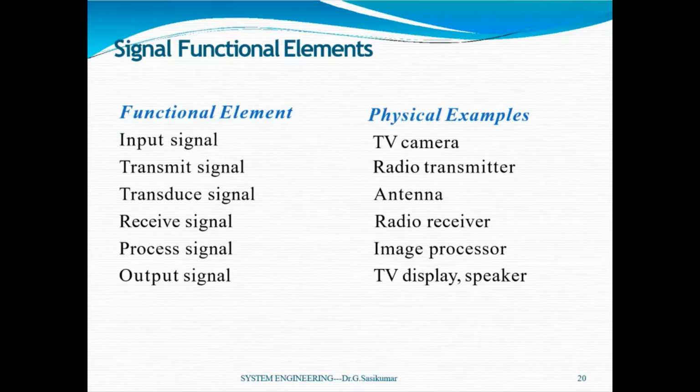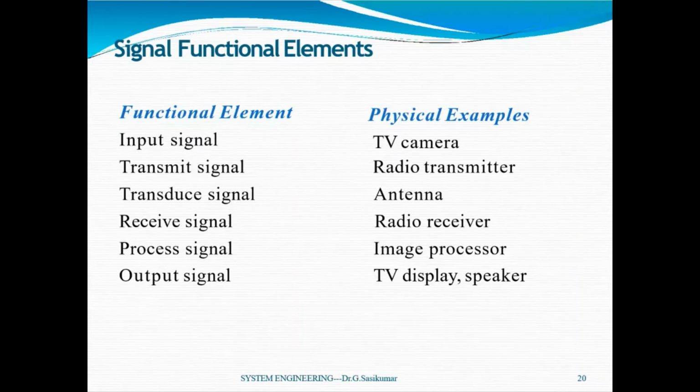Okay. So what are the signal function elements available? For example, consider a smartphone, or a microwave oven, or a Wi-Fi device, which has an input signal. Similarly, a TV camera also has an input signal.